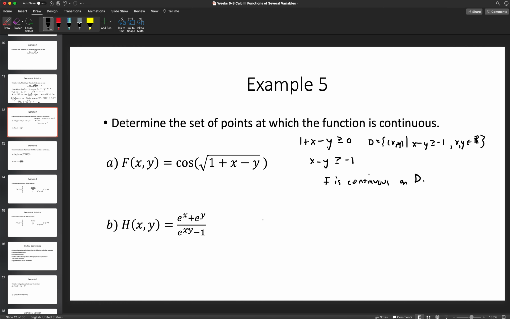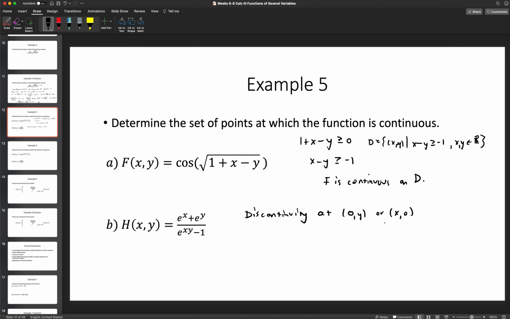So we know that there's going to be a discontinuity at any pair of points where you have 0, y or x, 0.